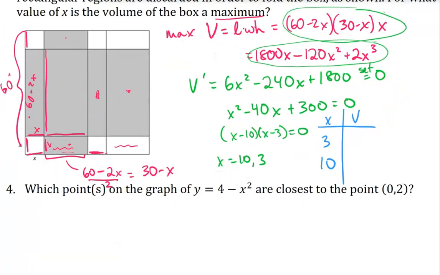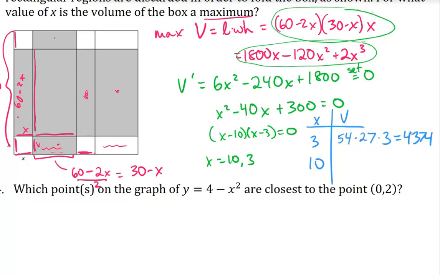Okay, so if I plug 3 back into this, I have 60 minus 6 is going to be 54 times 30 minus 3, which is 27, times 3, which is going to be 54 times 27 times 3, 4374. I just did it on a calculator here.